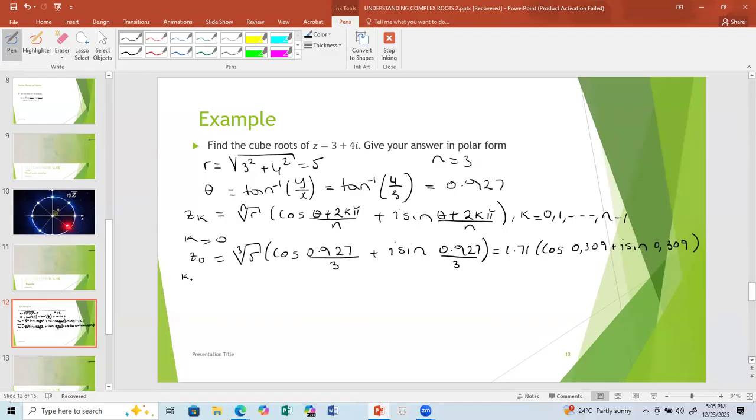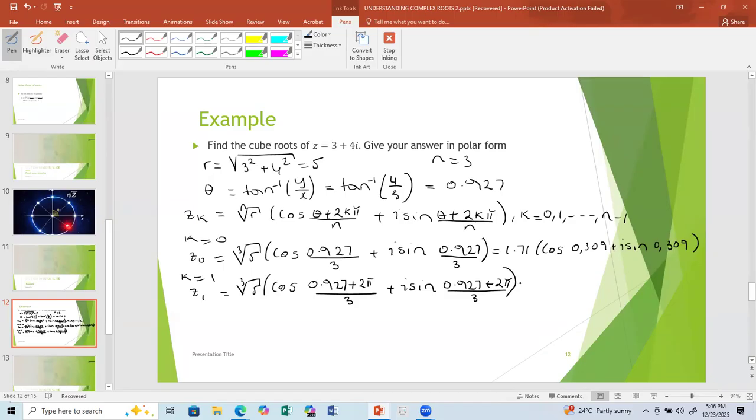When k equals 1, we have z1 equals the cube root of 5 times cosine of 0.927. Remember, k equals 1 here, so we're going to have 2 pi here. 2 times 1 is 2, so we'll have 2 pi divided by 3, plus I sine of 0.927 plus 2 pi divided by 3.